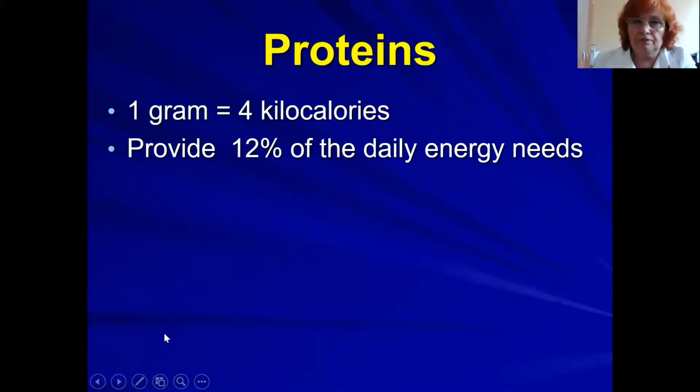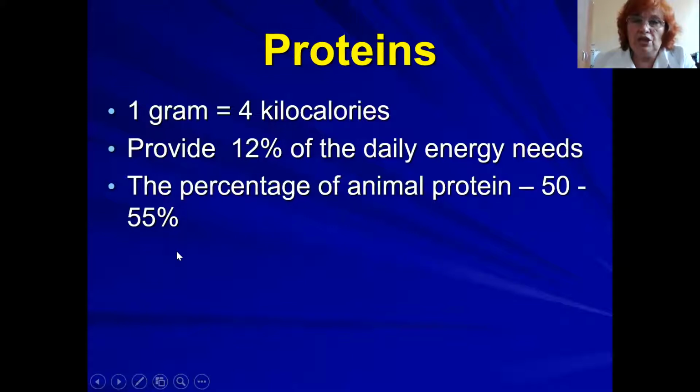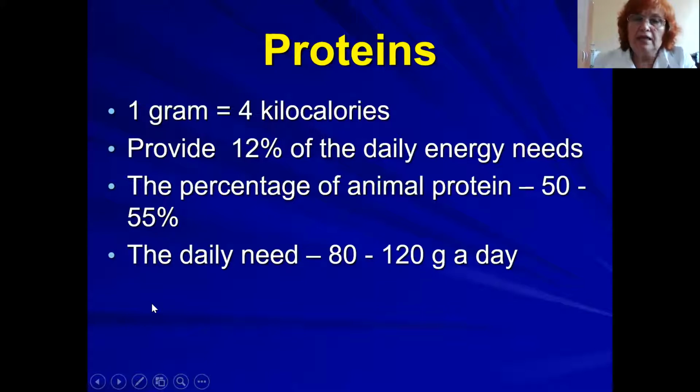Proteins. 1 gram has 4 kilocalories, provides 20% of the daily energy needs. The percentage of animal protein, 50–55%. The daily need, 120 grams a day.